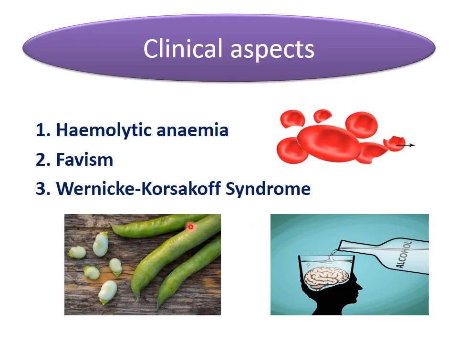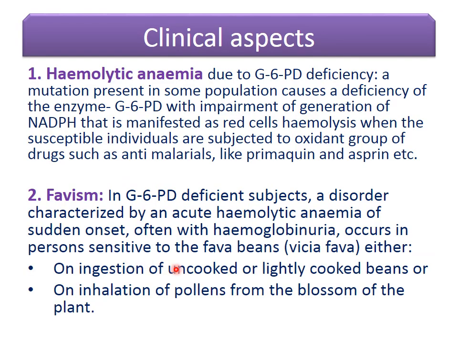I have shown the diagram. These are fava beans. When these fava beans are ingested uncooked, they cause glucose 6-phosphate dehydrogenase deficiency. Or when the pollen grains of these beans blossom from the flower, then also it causes glucose 6-phosphate dehydrogenase deficiency.